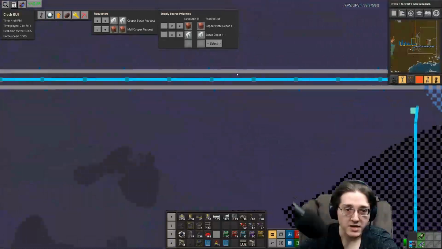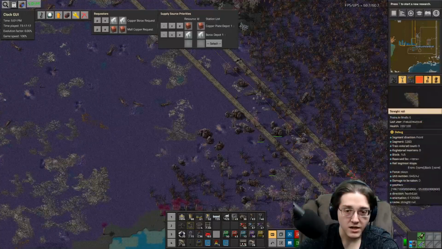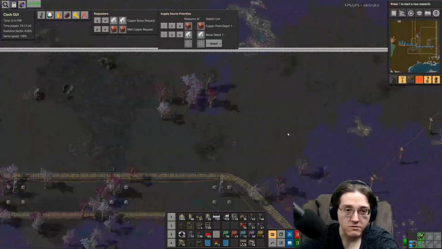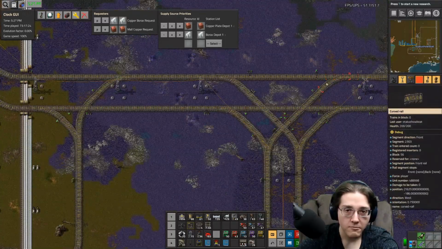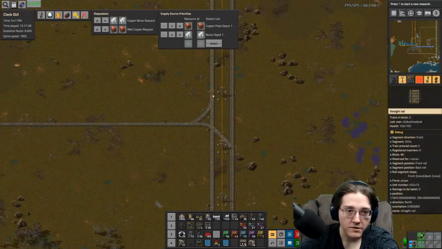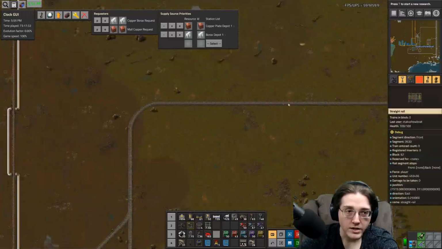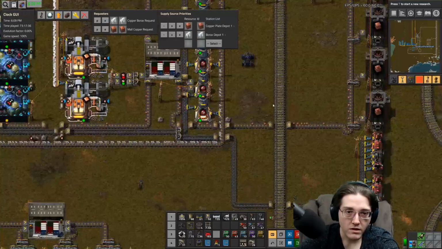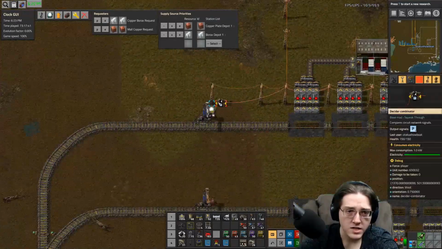It could just be an incomplete circuit, or that there's just a segment of ghost rail along the way. That could also be a thing. Or I could just be a dunce. There could be a wrong signal somewhere.